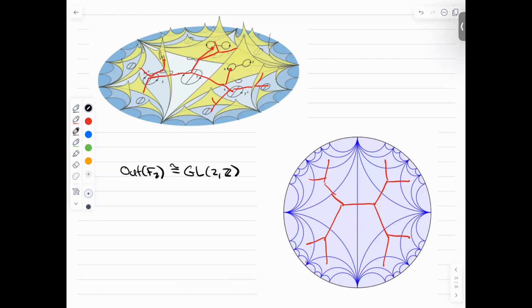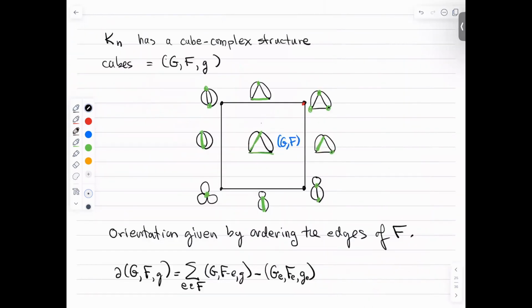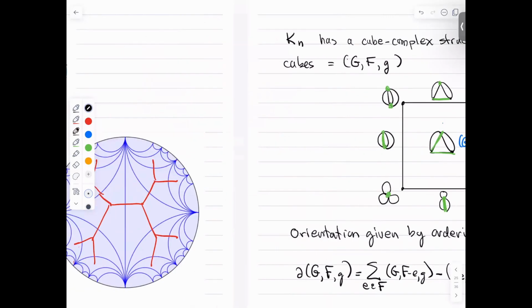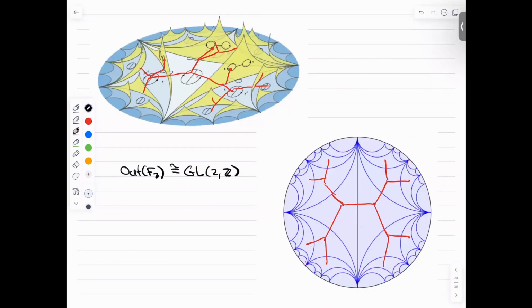So this is the picture of the spine of outer space. That's probably enough. It's 10:30, I'll stop.